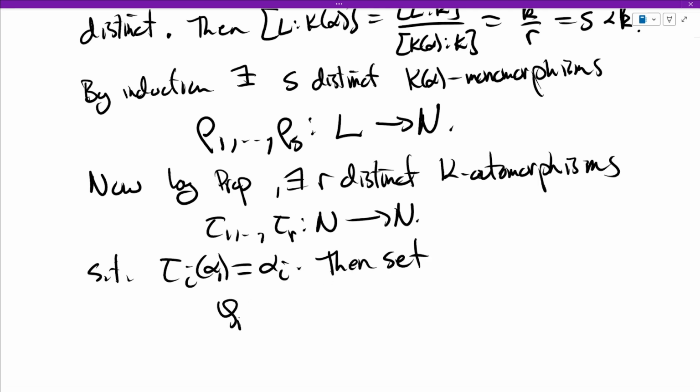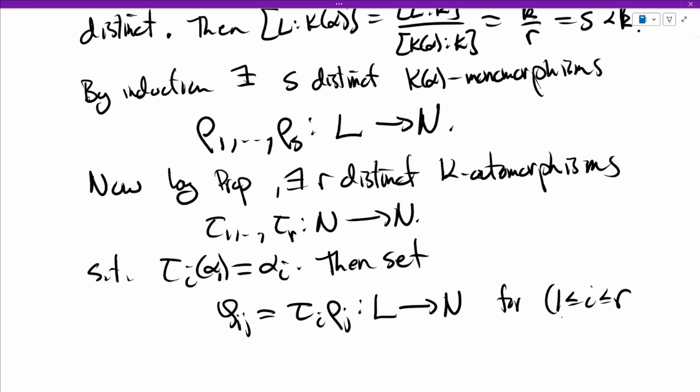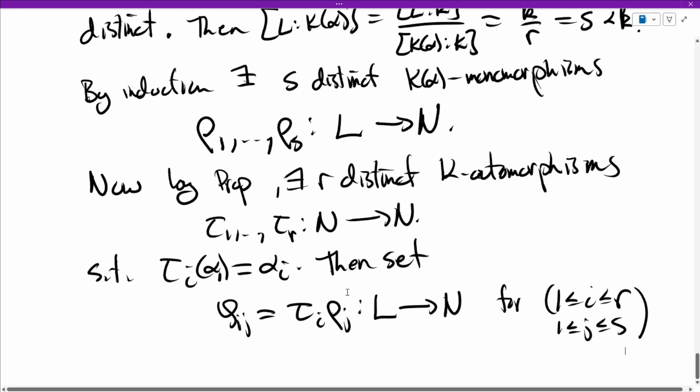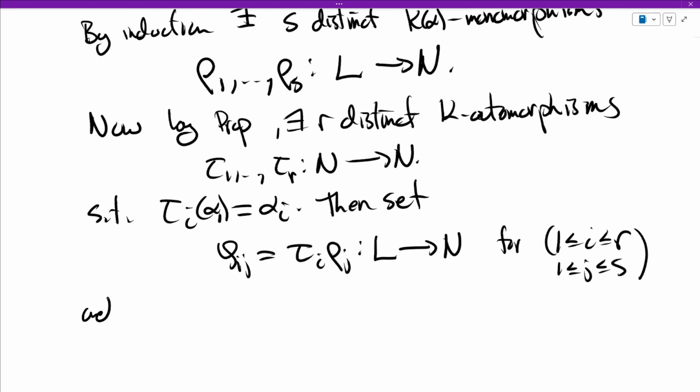Okay, so let's then set phi ij to be tau I rho j as maps from L to N for 1 less than or equal to I less than or equal to R and 1 less than or equal to J less than or equal to S. And let's also notice this is composition.